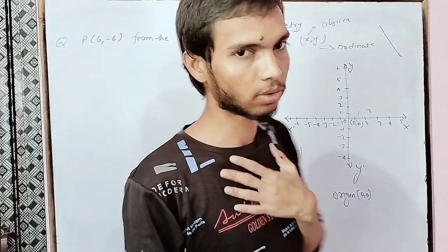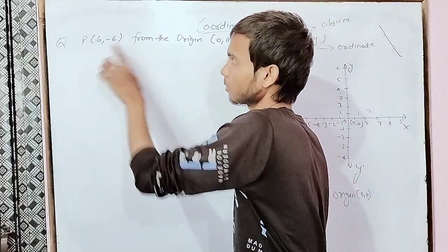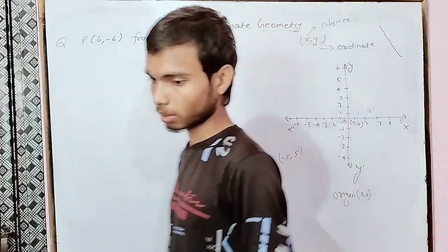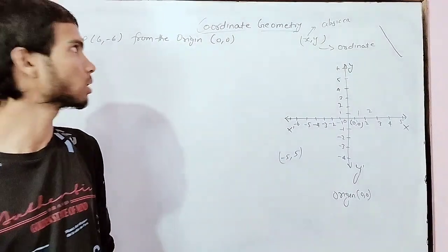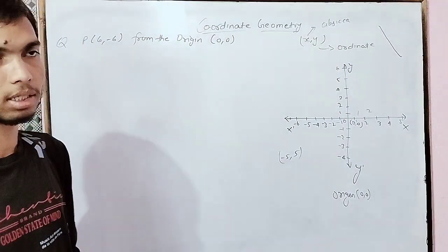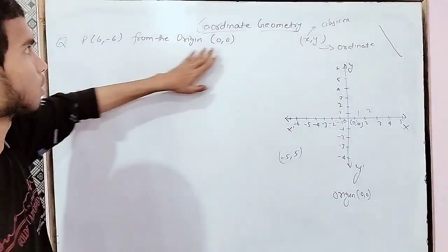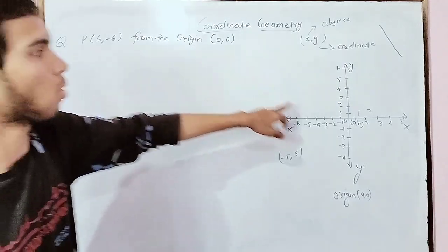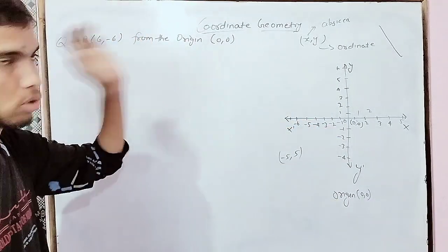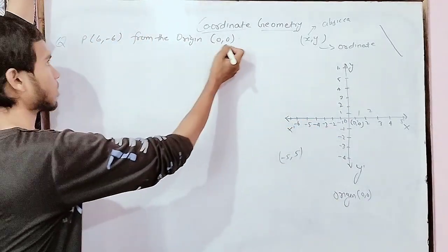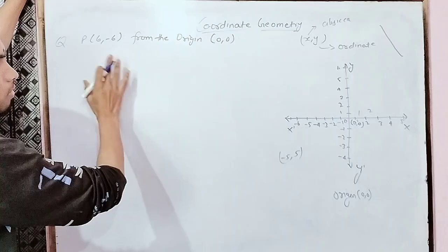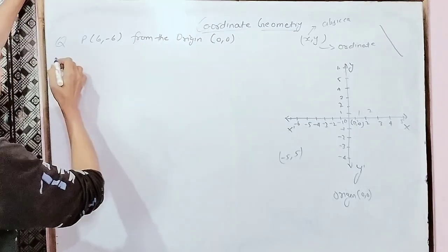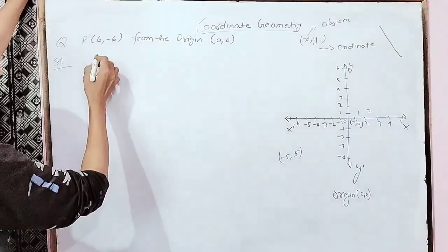When the questions are like that, then K is given, which is a point in coordinates. So x is 6, y is minus 6, from the origin. So the coordinates of the origin will be 0, 0. Here x is 0, y is 0. Just we will substitute. So here the question is saying find the distance between them. So we will solve it.